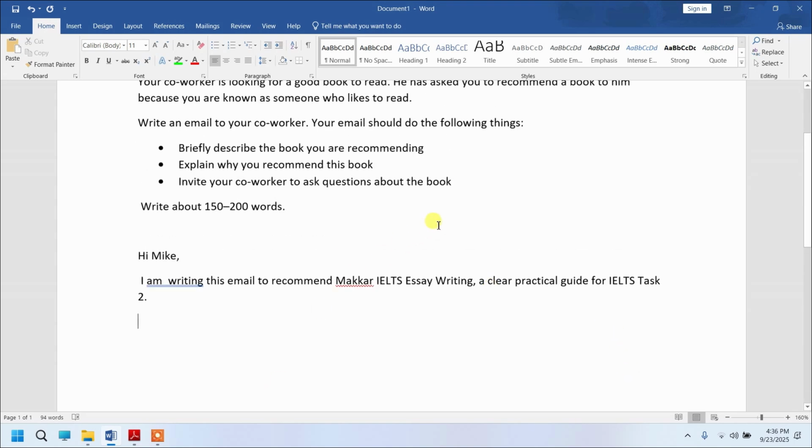Now bullet point 1. Briefly describe the book you are recommending. Briefly. So I'll start in this way. I'll say it explains essay types in simple steps, and shows, let's say, sample answers, and lists useful linking phrases and common errors.